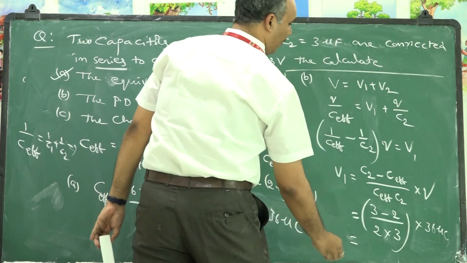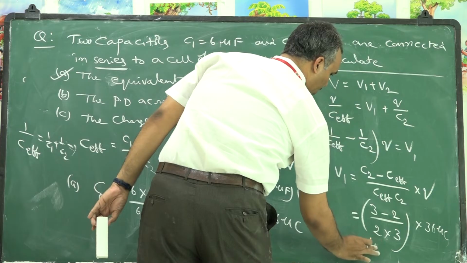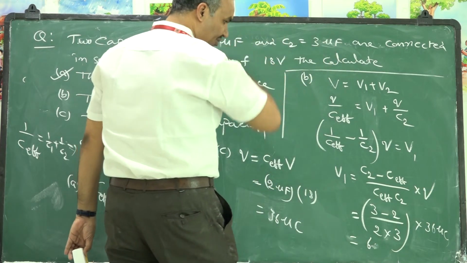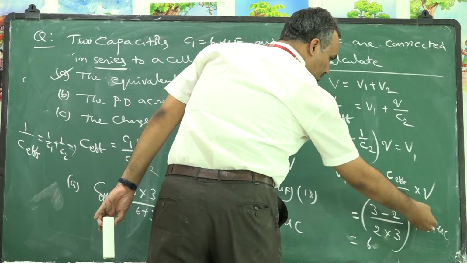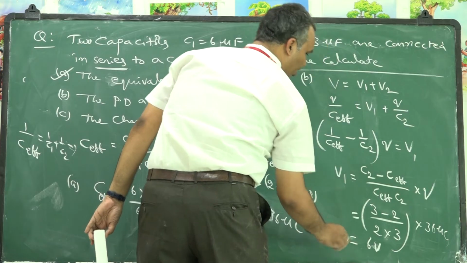So it will happen like this, 1 by 6. Already it is in microcoulomb, so micro gets cancelled. 6 volts will be the potential difference for V1.